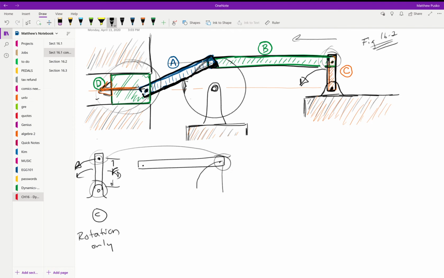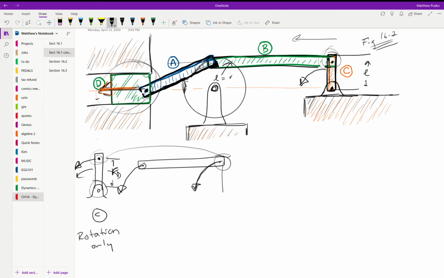Now, just in this specific case, we have this lever right here, or sorry, link. It's not necessarily a lever. This link right here, let's call this distance L. Well, L is equal to R for our circle, which means this point right here is going to move in the same exact circular path.